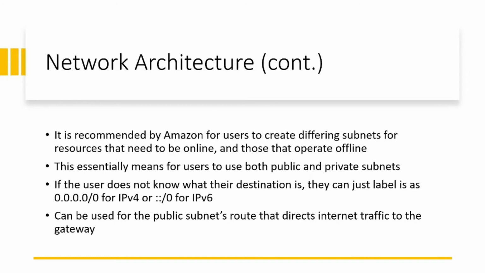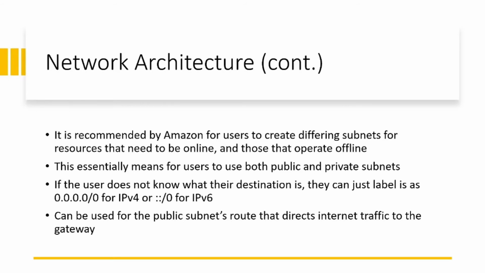Continuing on the network architecture, it is recommended by Amazon for users to create differing subnets for resources that need to be online and those that operate offline. Basically what that means is you're splitting your environment kind of in half, right?